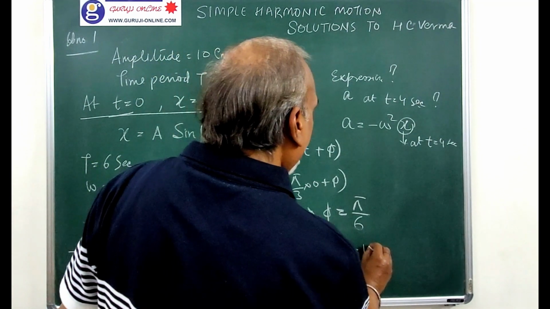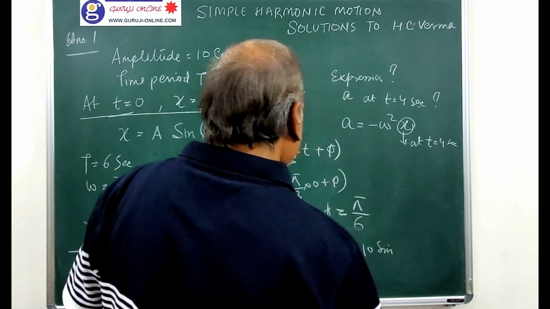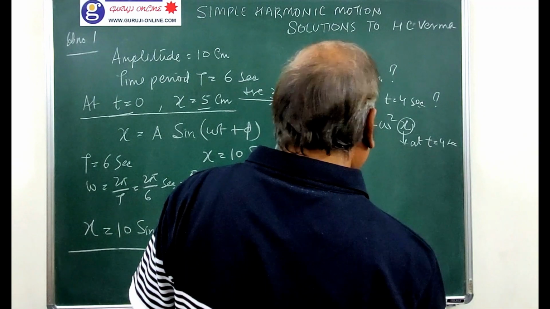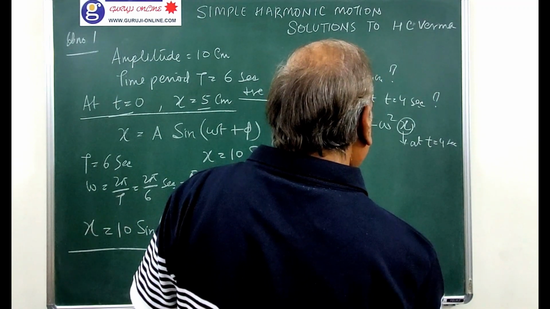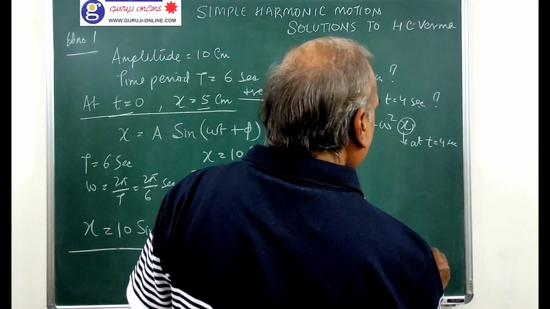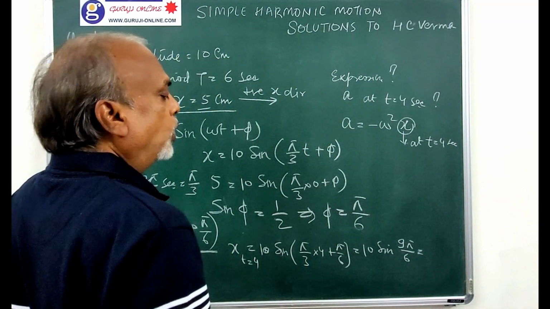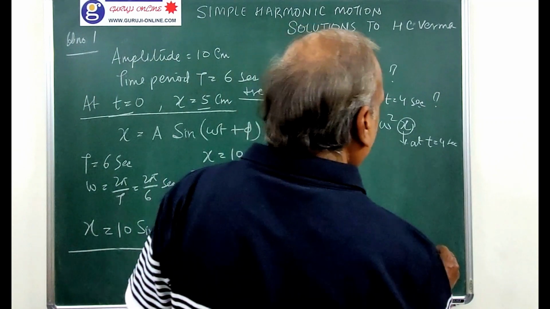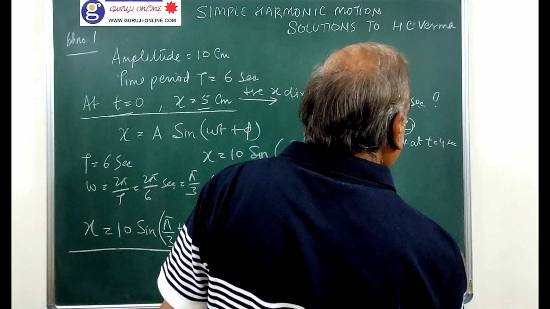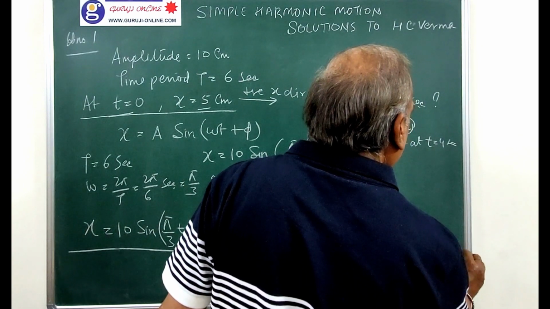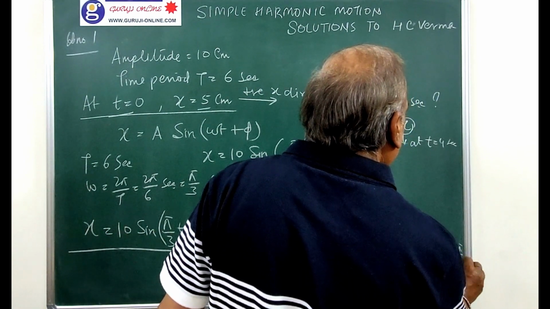This can be written as sine of 8 plus 1 pi by 6, or you can say 3 pi by 2, or this is nothing but sine of pi plus pi by 2.